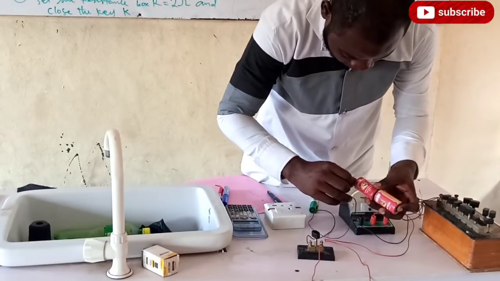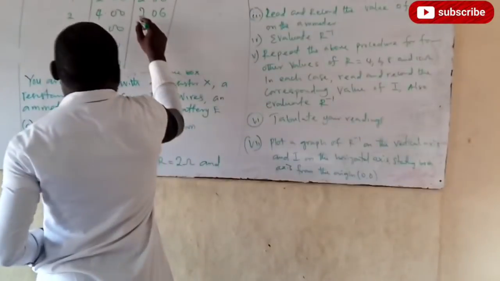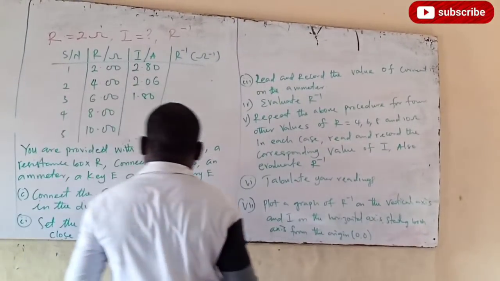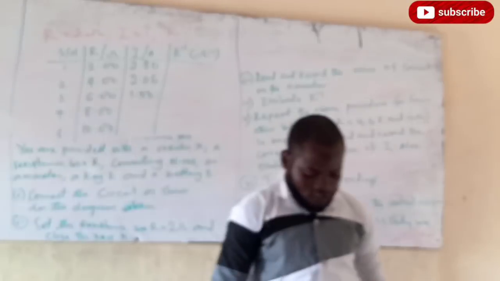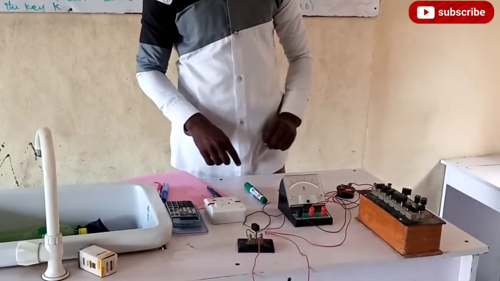So I have 1.80. So when it is 8 ohms, remember this is 6 ohms, I'll remove 2 ohms, making 8 ohms now.